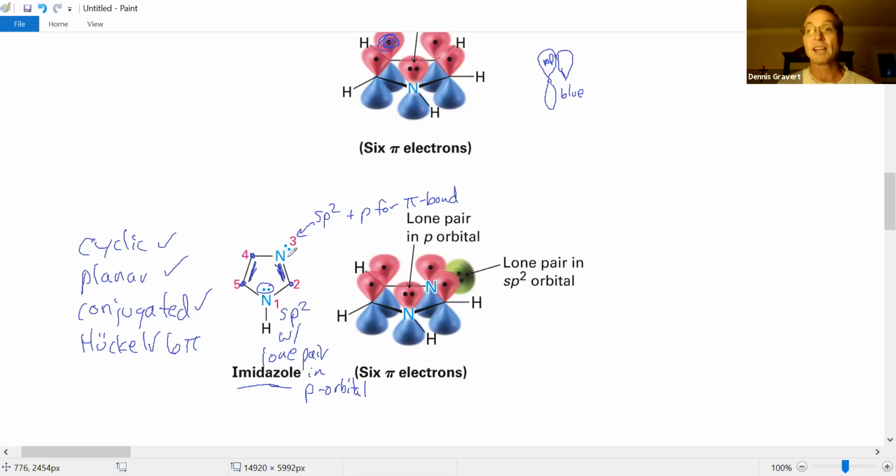And that's because this nitrogen is already double bonded. It already is using its p orbital to make that double bond, the pi bond. So it can't use the lone pair. Remember, one orbital can only hold a maximum of 2 electrons. You can't squeeze the lone pair in with the double bond. No, 4 electrons in one orbital, nope. Nature doesn't allow it. She can't break that rule either.